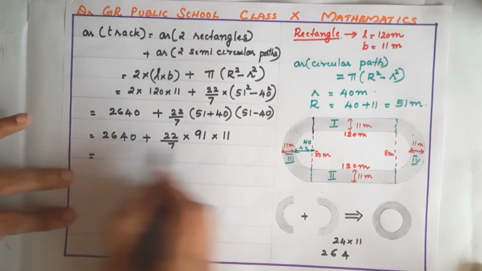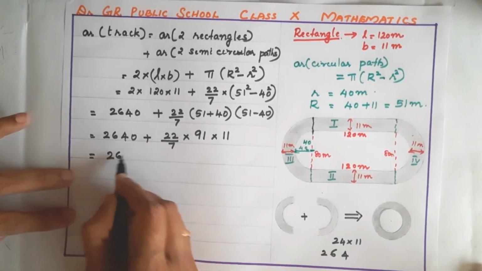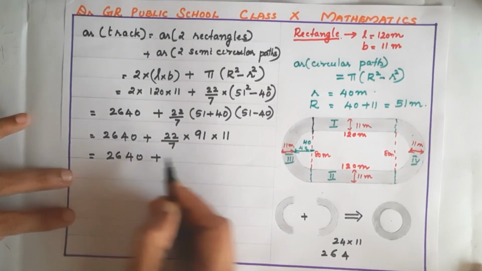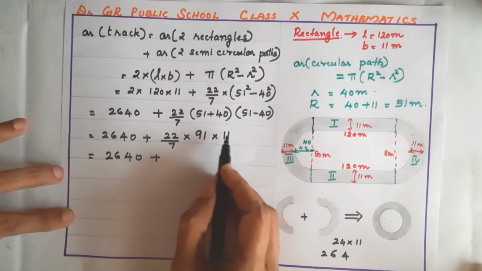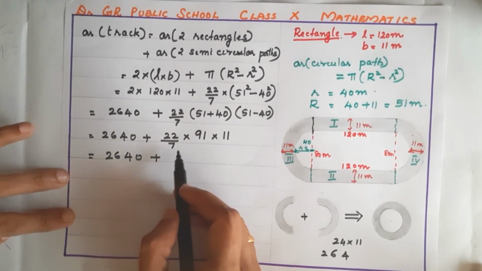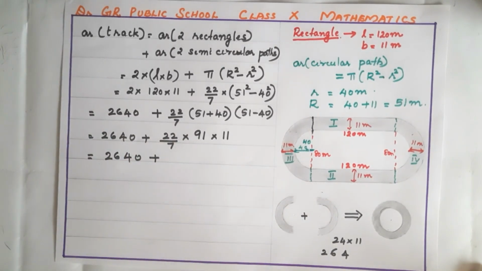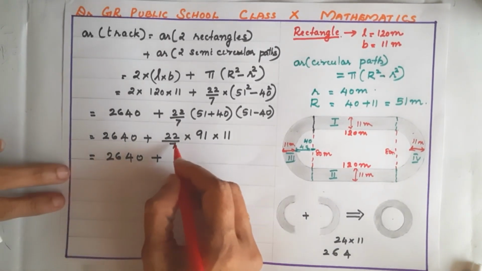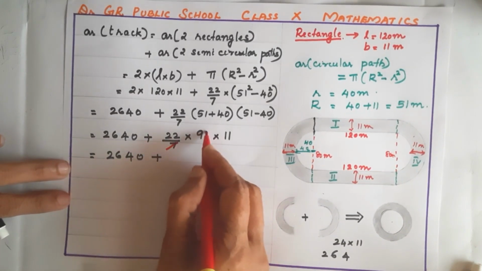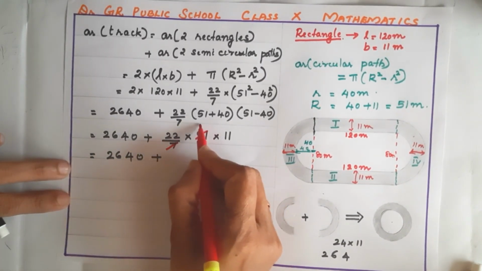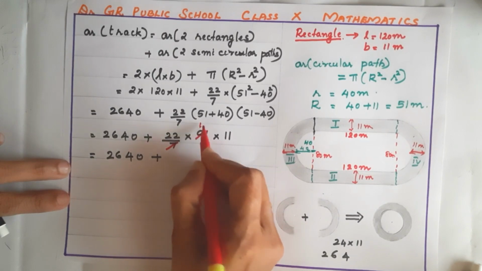Okay, so calculate simplification 2640 plus, can we do any cancellation? Yes, 91 is a multiple of 7, isn't it? 91 is a multiple of 7. So we can do the cancellation 7 and 91. 1 time, then 2 balance 21.